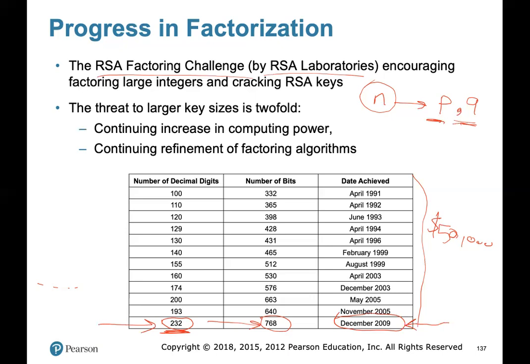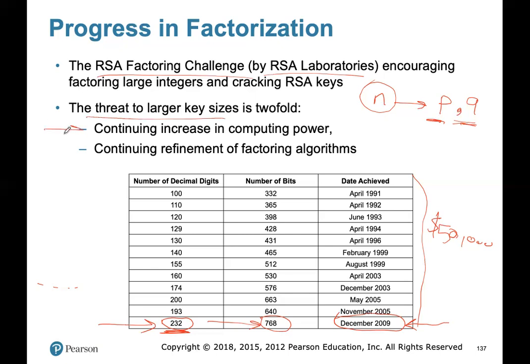It cost them a lot, but this challenge is still open, and even now some of the other, more complicated or advanced versions of these challenges, they have announced some numbers and they are waiting for the factorization. But as a summary, I should say here that threats regarding factorization come from two kinds of avenues.